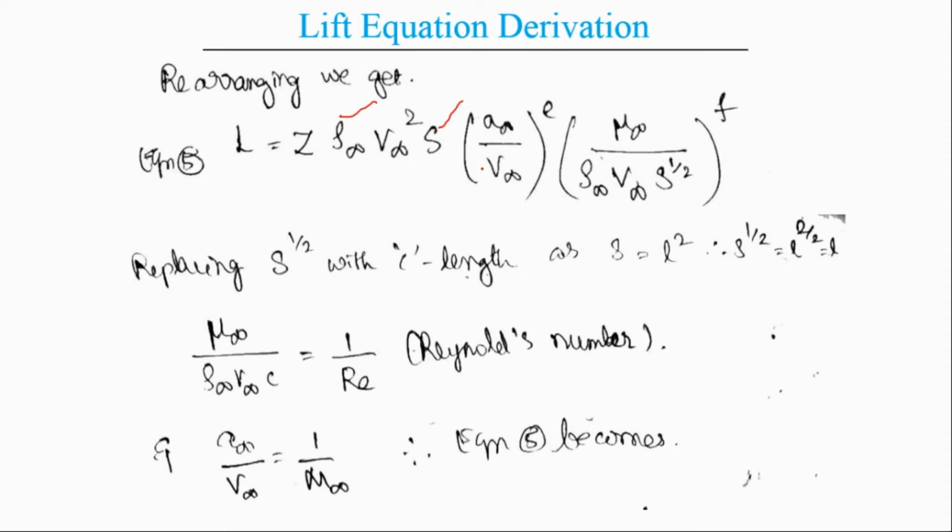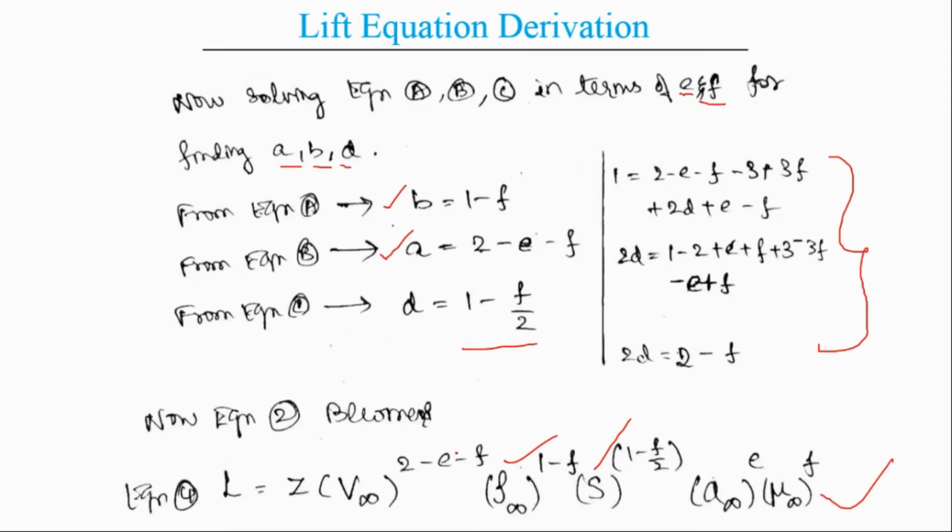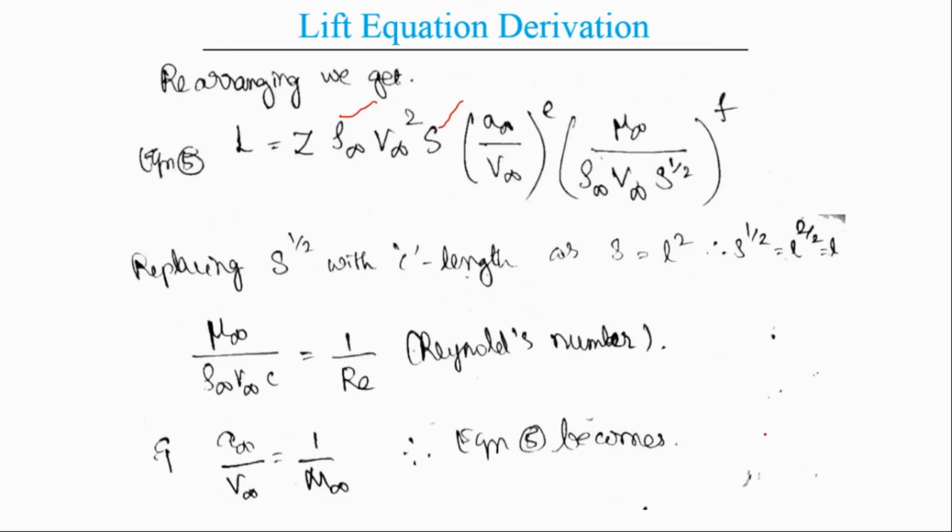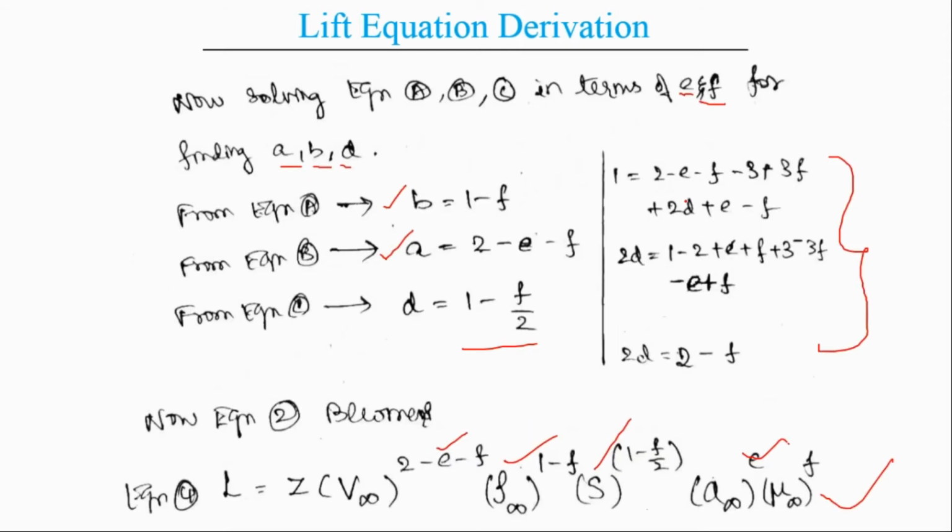Now again we are collecting the values which are having e in them. Here we have a velocity, the negative of it, which means the velocity goes to the denominator. Similarly, the a term, here a by V infinity, which is V power minus e. Similarly, when we collect all the other factors, mu infinity and S have the f by 2 factor.